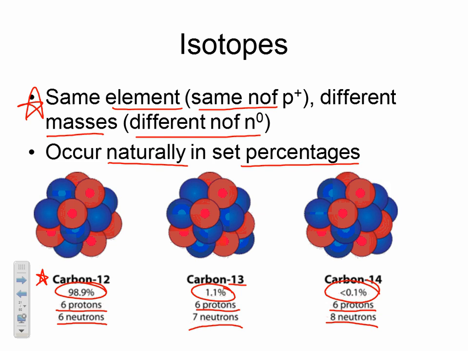These percentages are pretty fixed because scientists have been studying this for a long time and have worked out these percentages based on naturally occurring samples of different isotopes. So they occur in set percentages. These percentages won't vary. It means that lots of the carbon in the world is carbon-12. If you find a carbon atom naturally in nature, it's most likely going to be carbon-12.